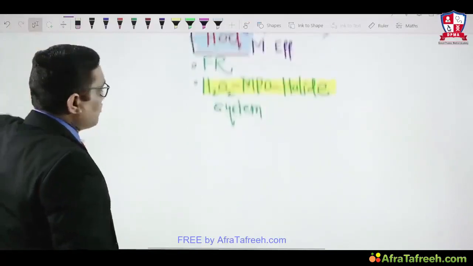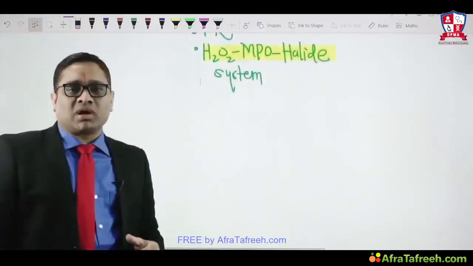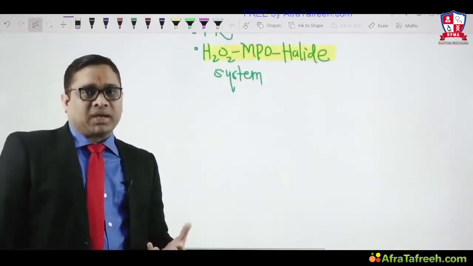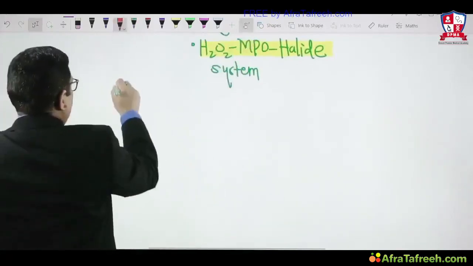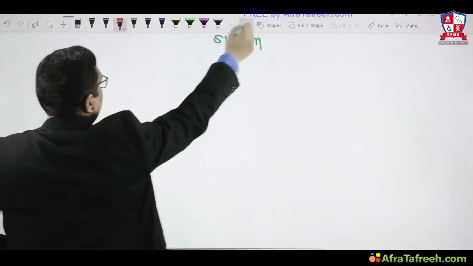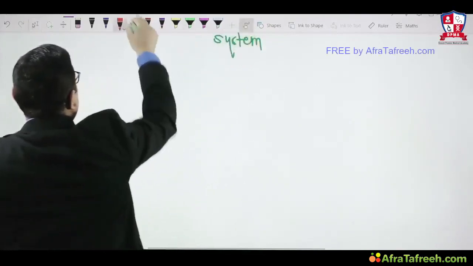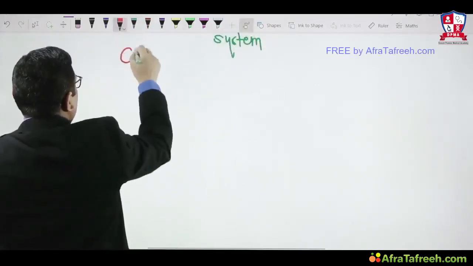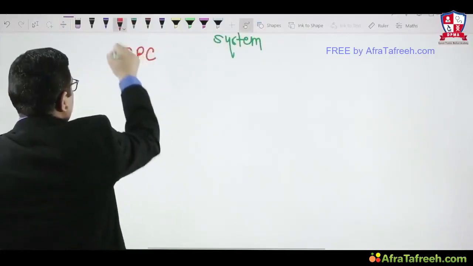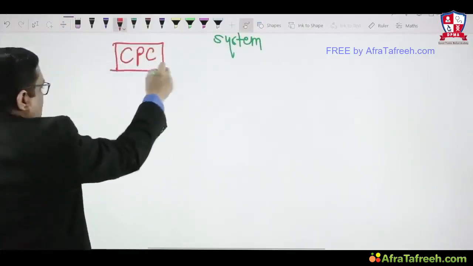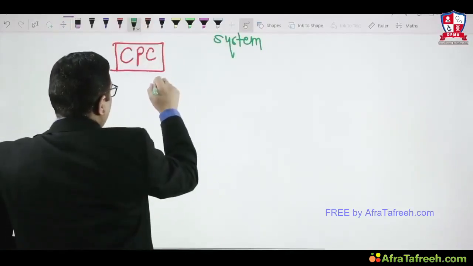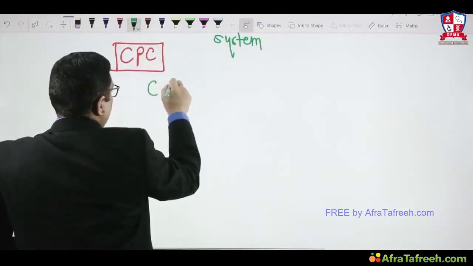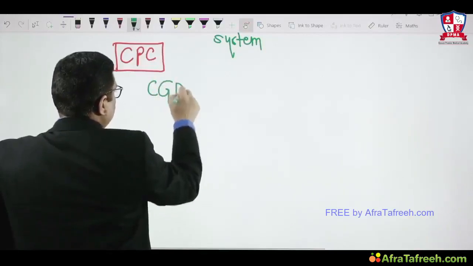Now we will see the clinico-pathological correlation of this phagocytosis. The clinico-pathological correlation of phagocytosis is with a disorder known as chronic granulomatous disease.